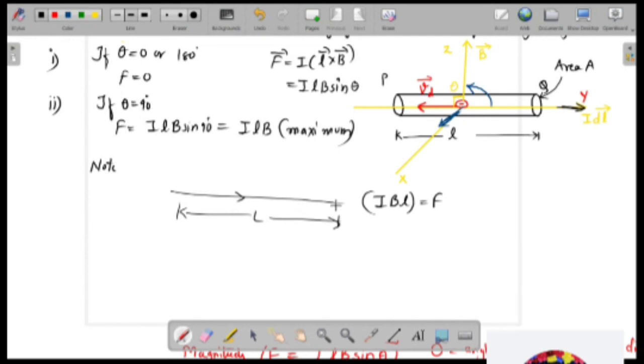Supposing a current carrying wire is placed in the magnetic field, this wire can be made to float with upward magnetic force. The force acting on it upwards is the magnetic force, that is I B L, and it balances out with the downward pull of gravity, that is mg. So by making mg equal to I B L, you can balance this length of the wire L in the magnetic field.